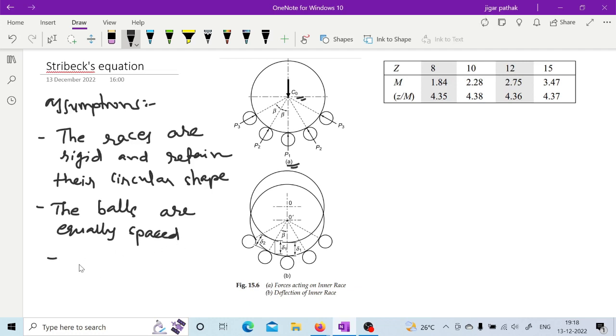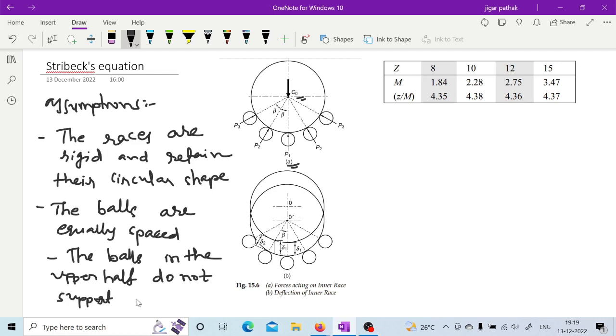And the balls in the upper half do not support any load, right. So only the lower half is considered, as we can see. The balls in the upper half do not support any load. So these are some of the assumptions while deriving this Stribeck equation.